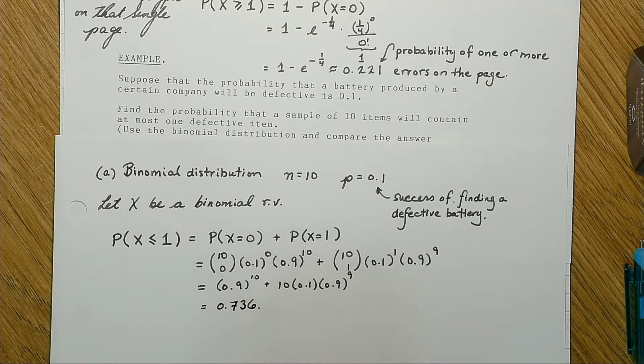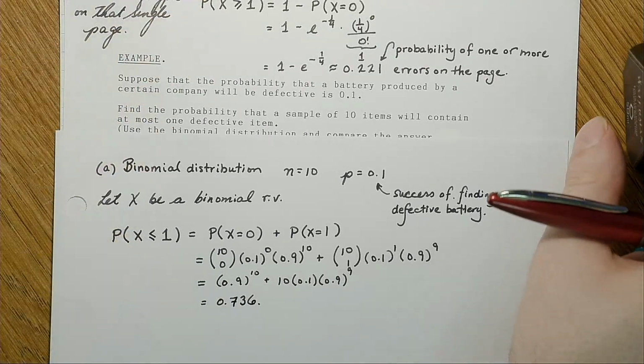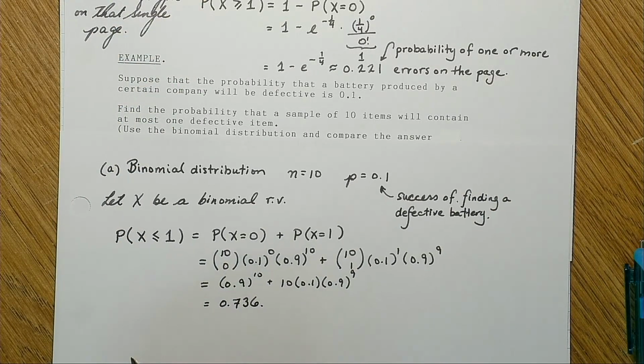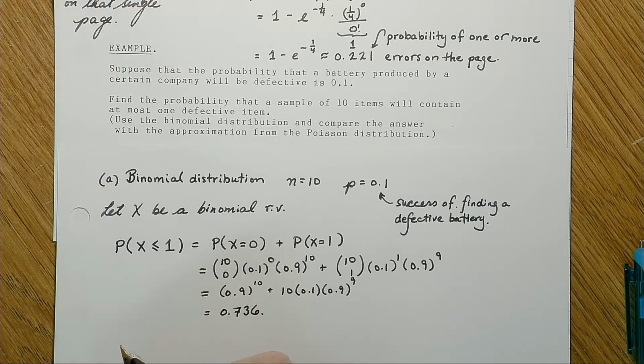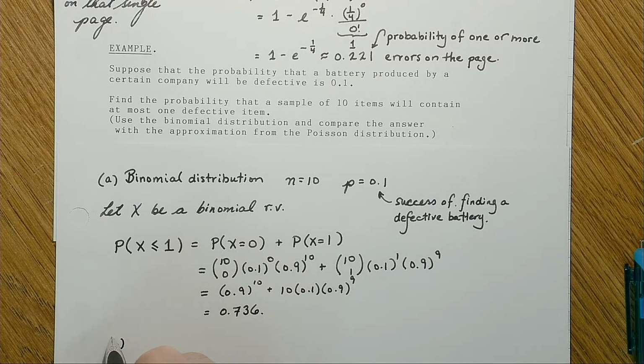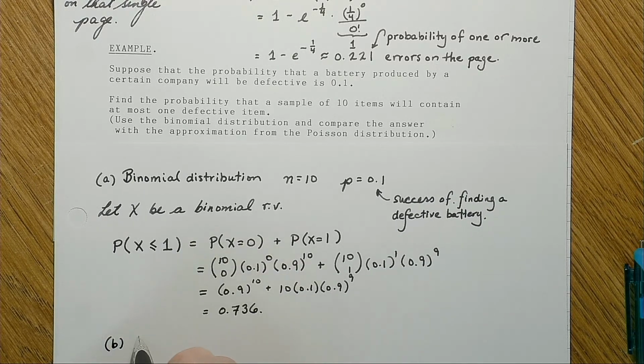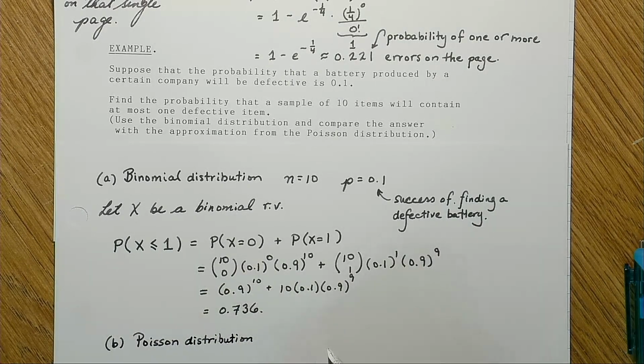So the next thing that we want to do is compare that to the Poisson distribution. In this case, we only have one parameter, so mu is equal to np, which is 10 times 0.1.